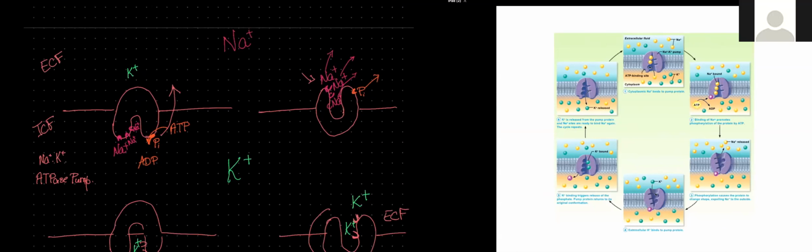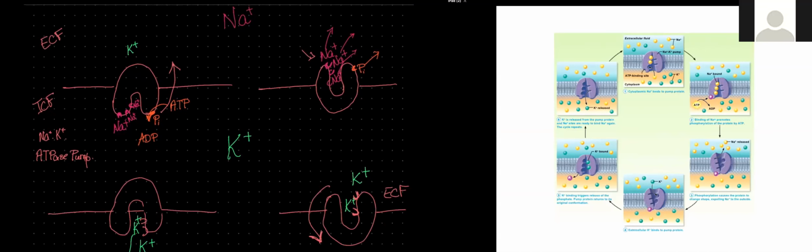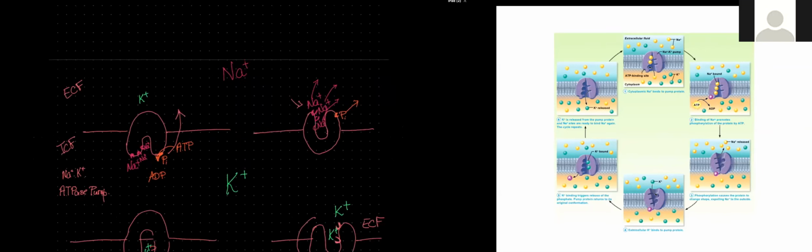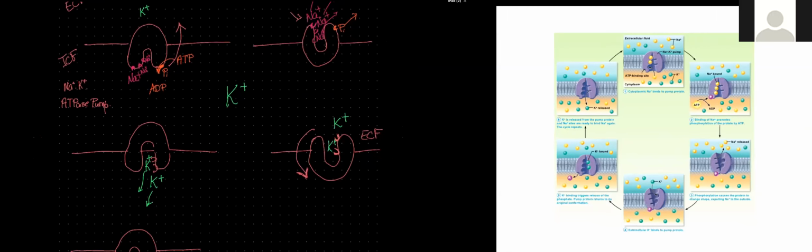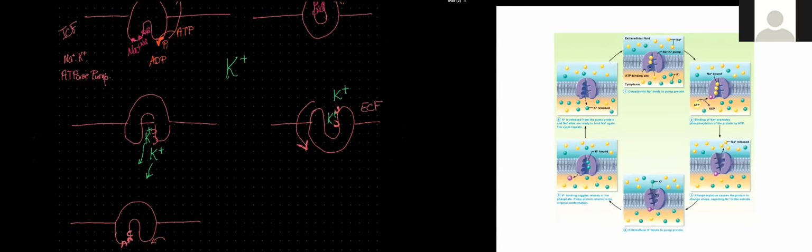And this is what keeps the concentration of potassium high inside your cells and the concentration of sodium high outside of your cells. All right, it's very, very, very important for you to be able to conduct electrical signals through your muscle cells and nerve cells.